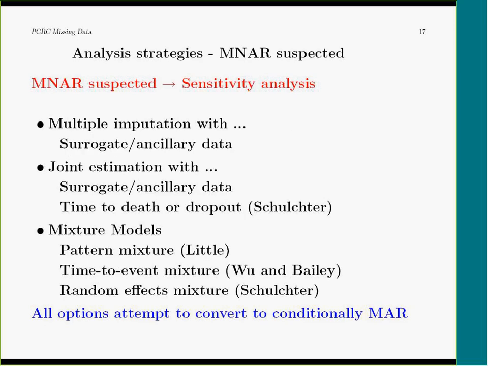So what are our options for doing these sensitivity analyses? We could do some multiple imputation with surrogate or ancillary data. We could do joint estimation with ancillary data, or something like the time to death or dropout. We could look at mixture models. And one thing that's common to all of these methods is that they really are attempting to convert the problem to being conditionally missing at random.